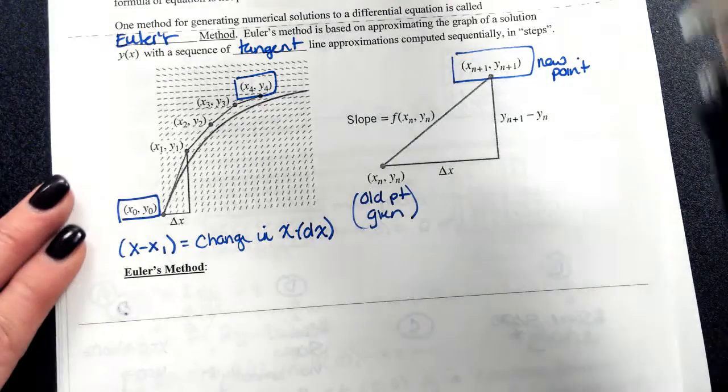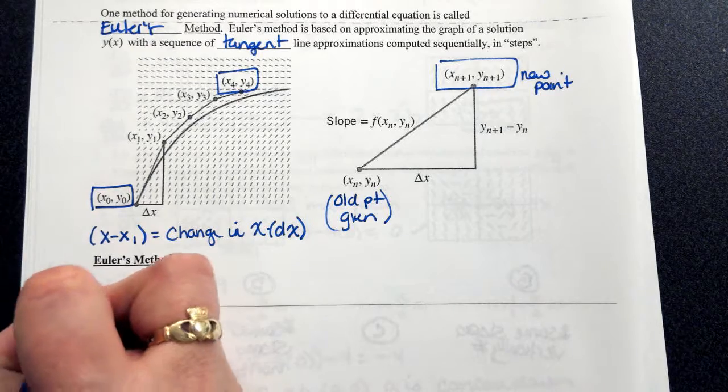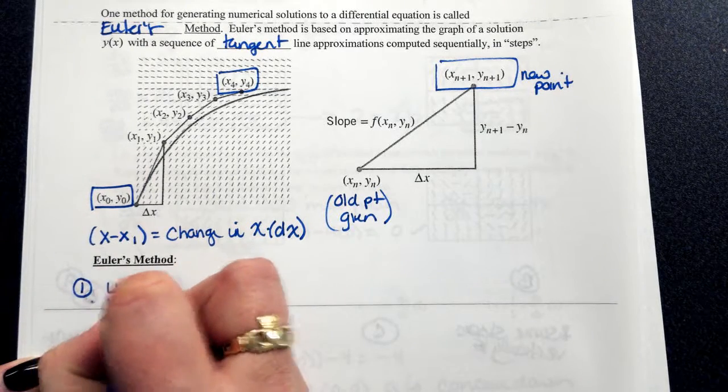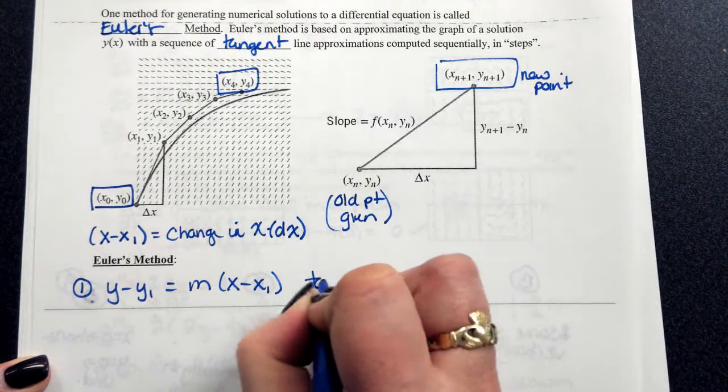So what Euler's method is going to do is this. We know we've got our tangent line. This is our tangent line approximation.